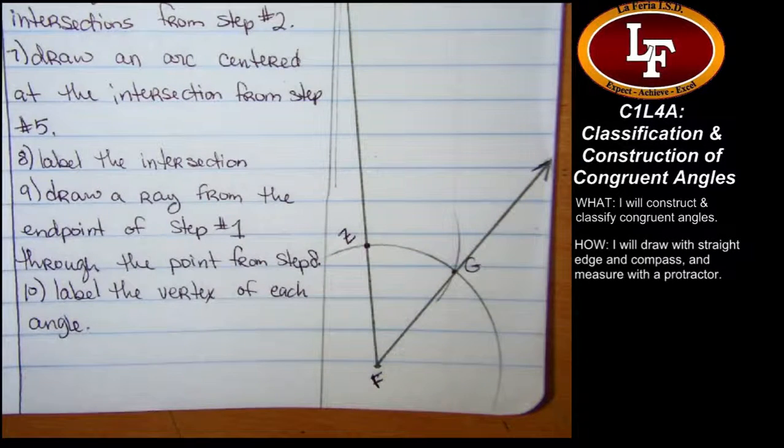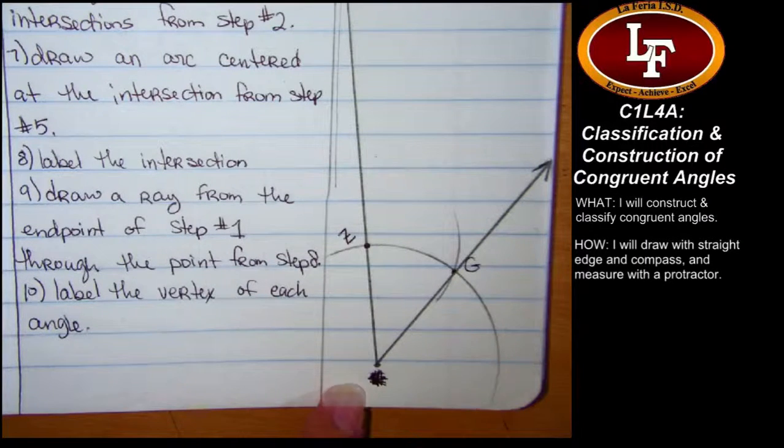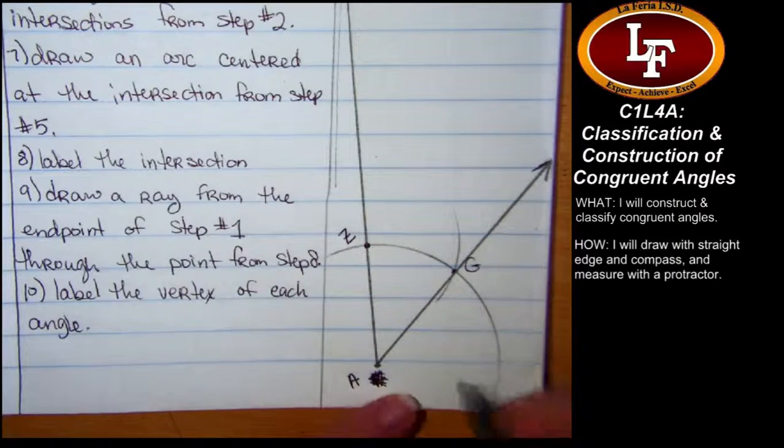I just looked back at my pre-image. We already have a point F on our pre-image, don't we? I can't use F in my image then. So I need to change this point to something else. Please give me another point. A. So this is my image.